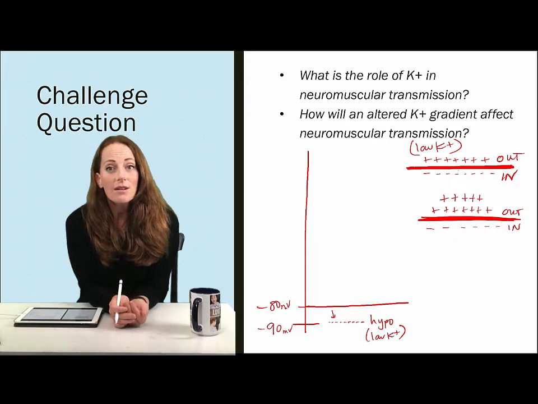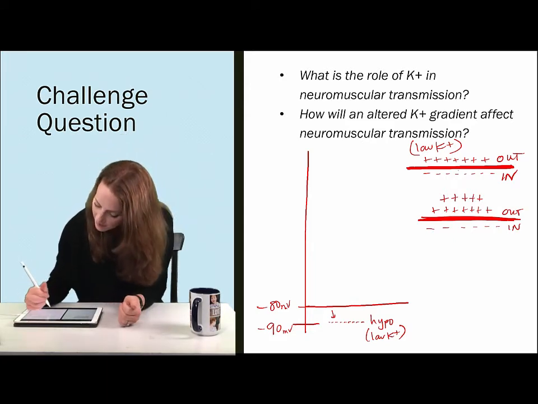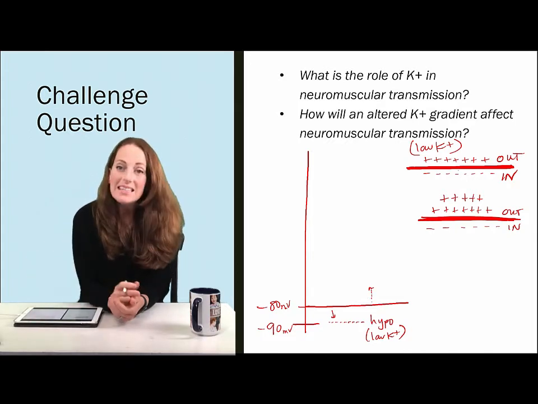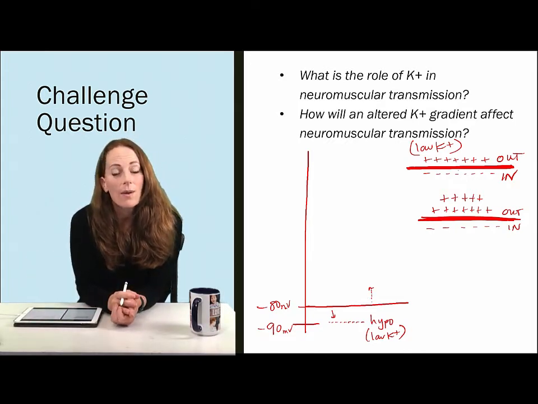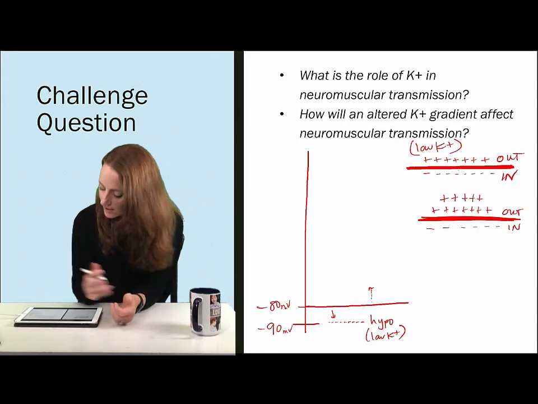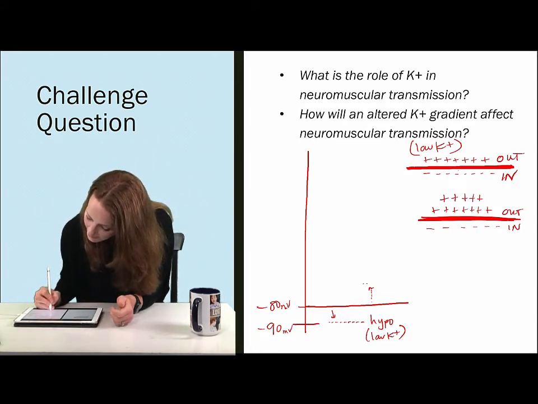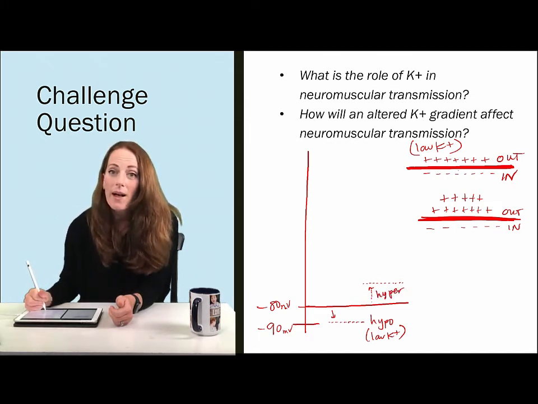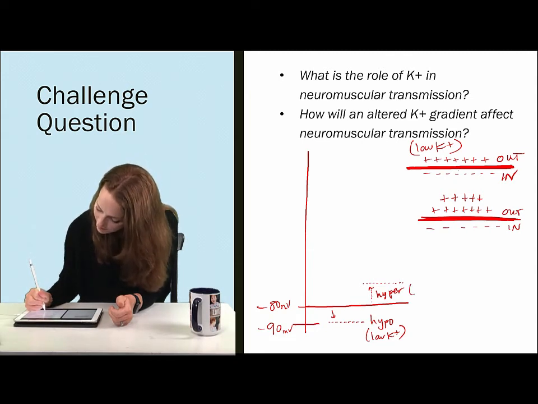Well, if you decrease the potassium gradient, that's actually going to depolarize the resting membrane potential to a less negative state. So this is going to be a hyperkalemia, which is going to depolarize the resting membrane potential.